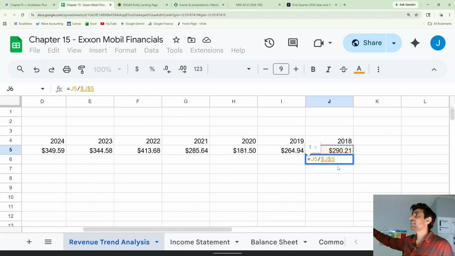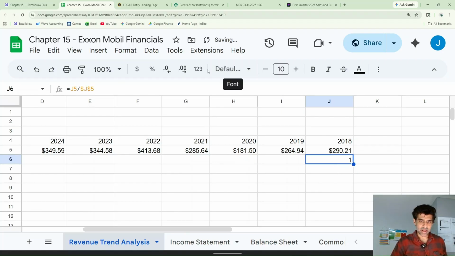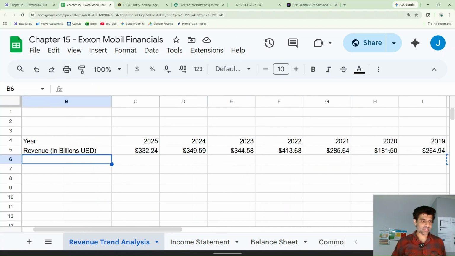Does everyone understand this? The numerator moves around. The denominator is a fixed cell. Right now it's just giving me 1, but let's move this out a little bit to make it a proper ratio. Now I'll just copy this cell.